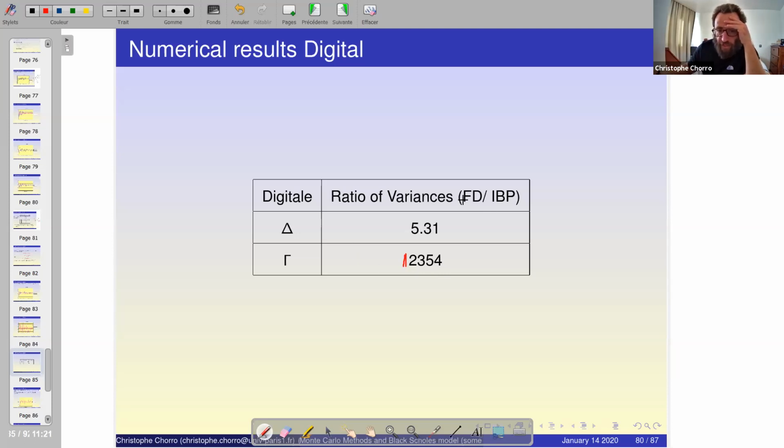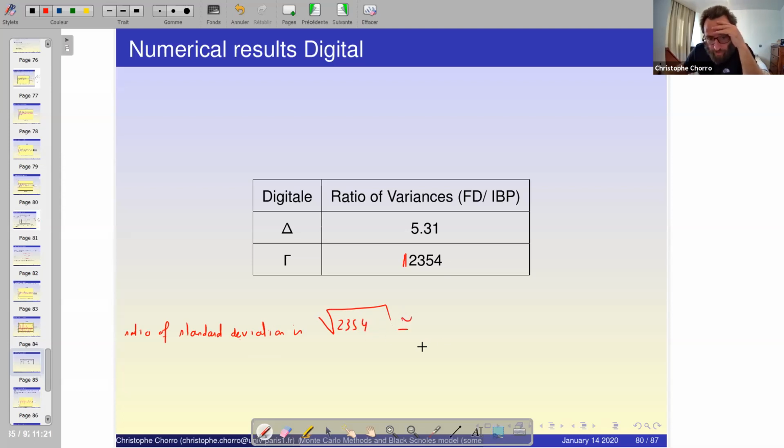The ratio of the variances is equal to this term, so it means that the ratio of standard deviations is the square root of this one.